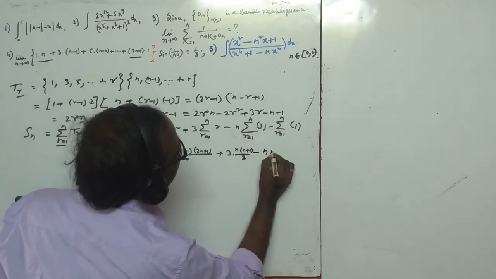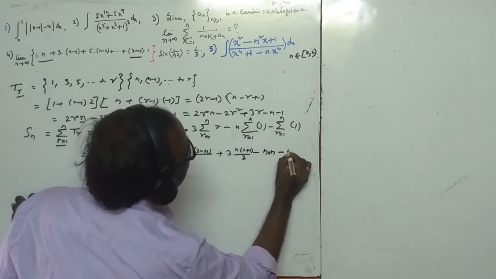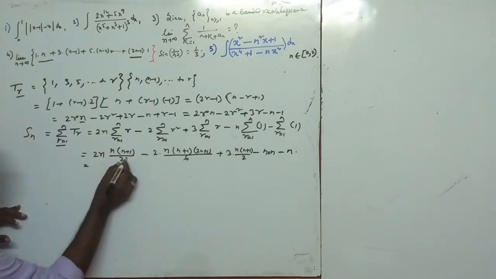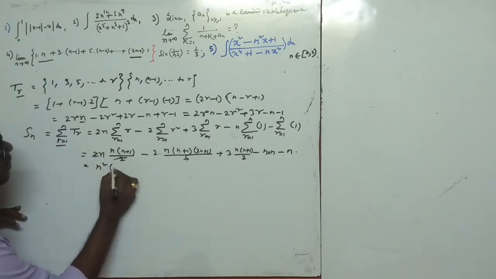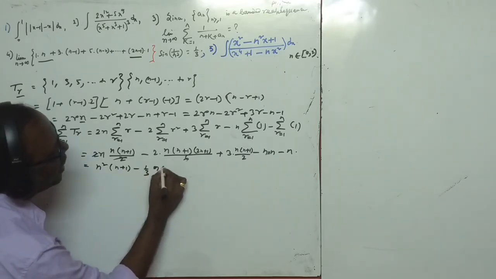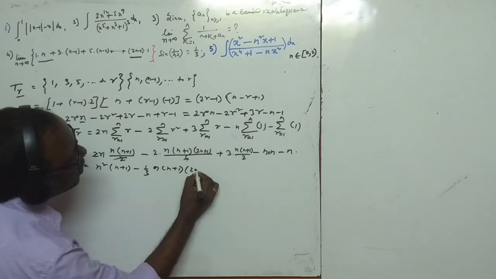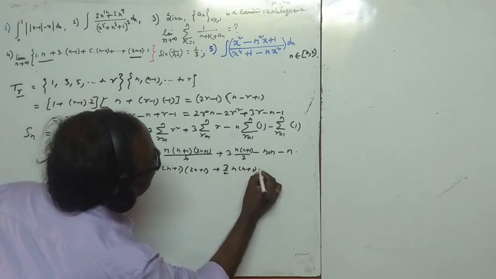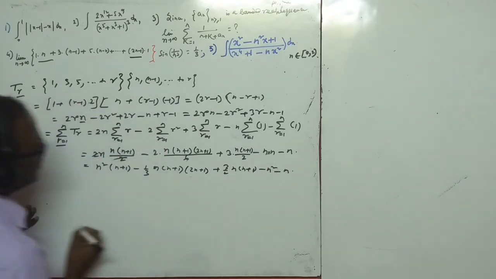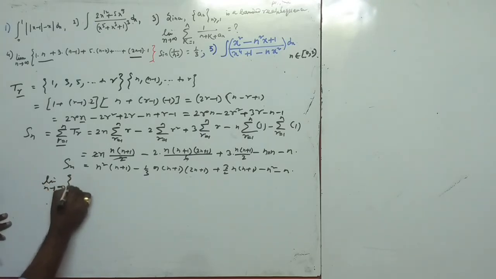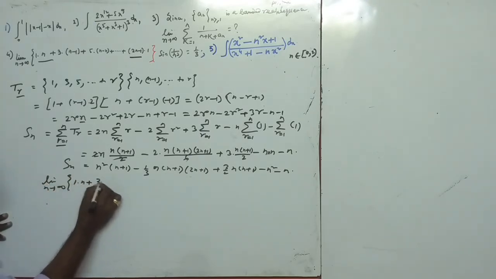Then minus n into n, and minus n. This is a short simplification: 1/3 n, n plus 1, 2n plus 1, plus 3 by 2, n plus 1, minus n square minus n. Okay, this is Sn.